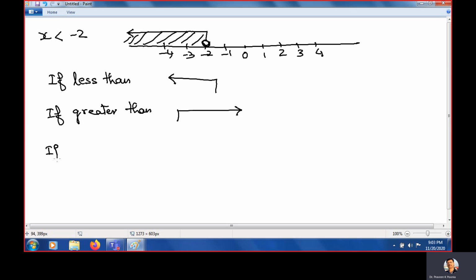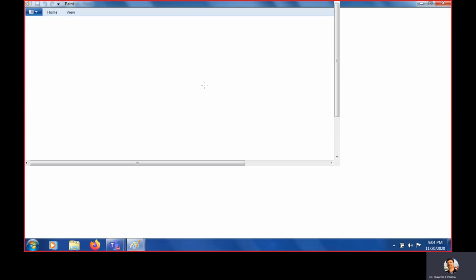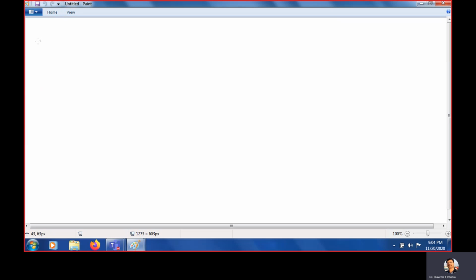If it is an interval, clear? I will solve questions for this, then it will start like this. It is simple, only this one. Interval means it is closed. This side started, this side ends. This is the start and this is the end. This is the point. Okay, so we will solve a variety of questions.